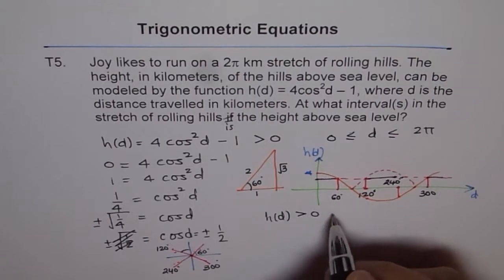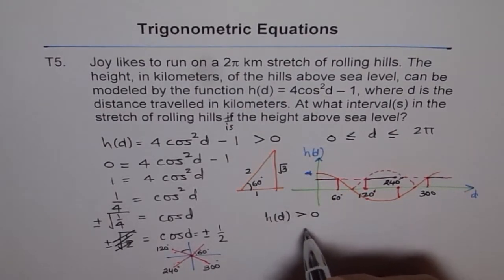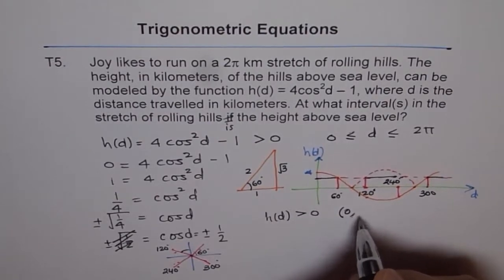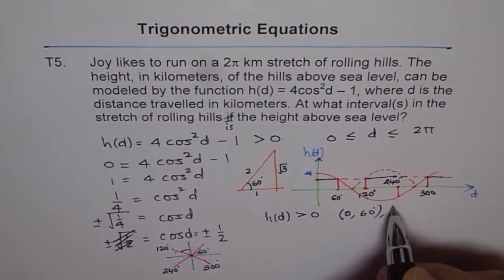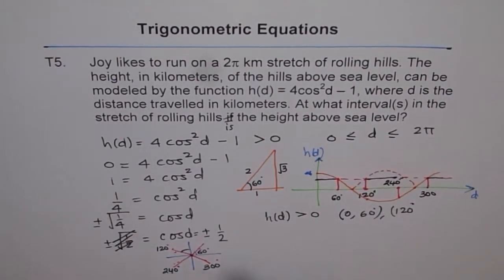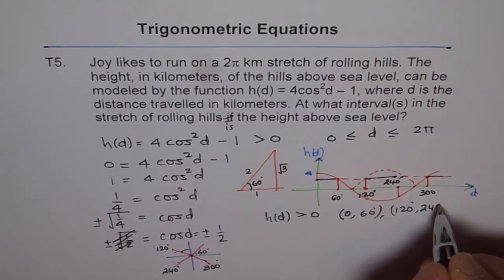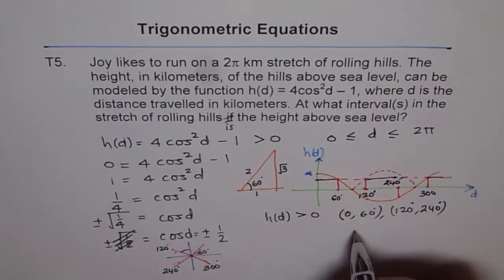Because it is greater than, we will not include those points. So the intervals are from 0 to 60 degrees, correct? And then from 120 degrees to 240 degrees, and then from 300 to 360 degrees.